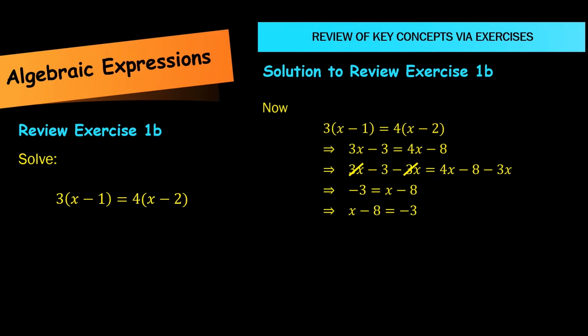Now rearrange so that the x minus 8 is on the left-hand side and the minus 3 is on the right-hand side. This allows us to give an equation in the form x equals something. In order to have the constants on one side and the x's on the other, add 8.